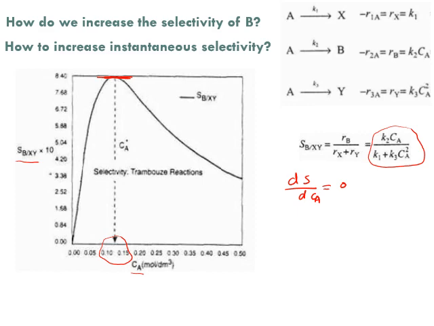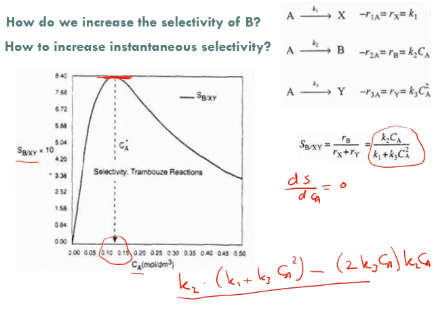It's the derivative of the numerator, which is K2, times K1 plus K3 CA squared, minus the derivative of the denominator, which is 2 K3 CA, multiplied by the numerator, K2 CA, divided by K1 plus K3 CA squared, whole squared.